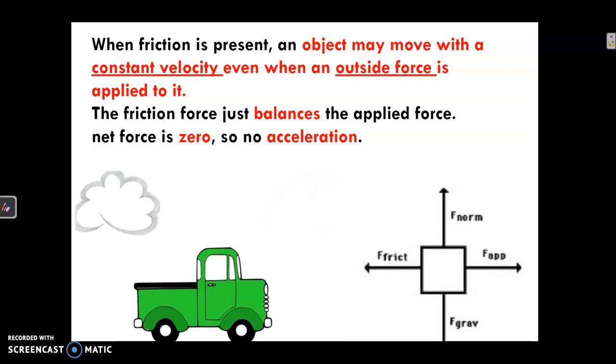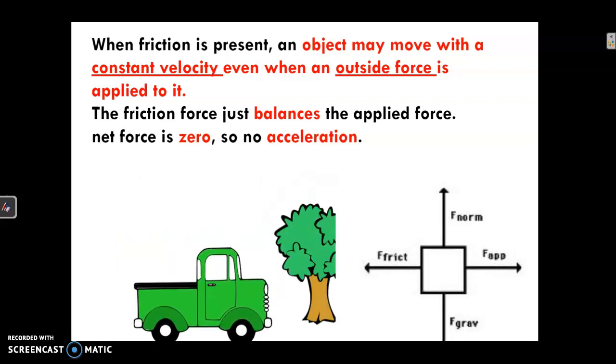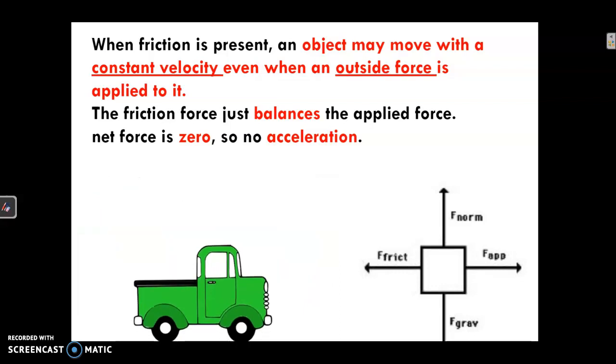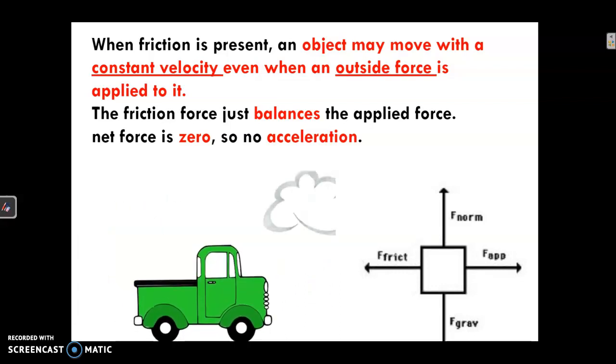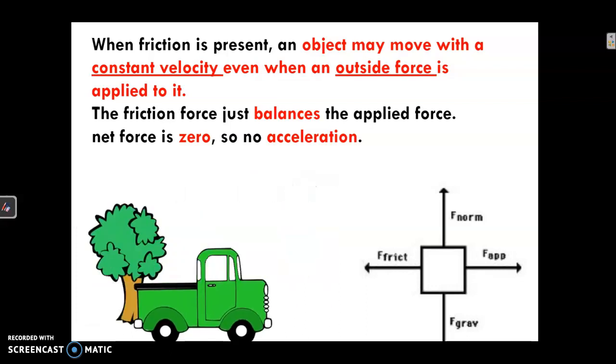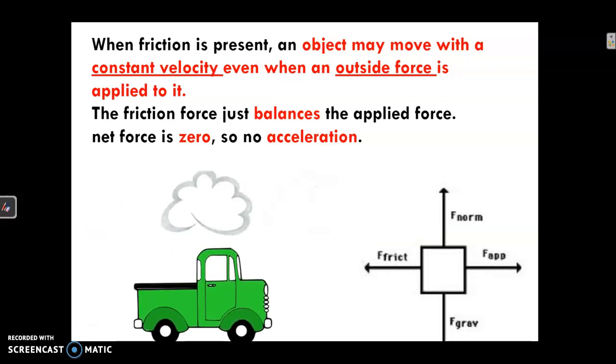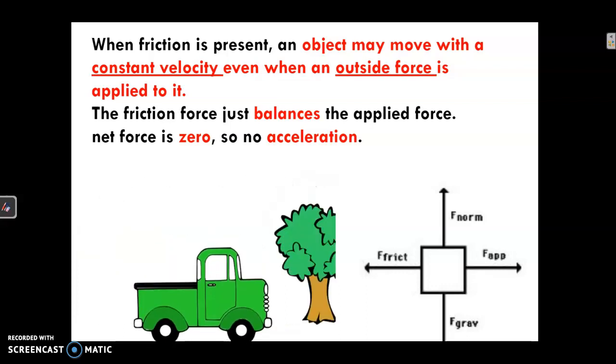So that weight is going to act downwards. And now we have the support from the road, right? So the support from the road is going to act upwards on that car. And the support force, or the normal force, and the weight of the object are equal in magnitude. So they both hold the same value, but they act in opposite directions.